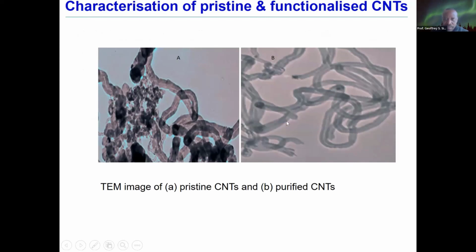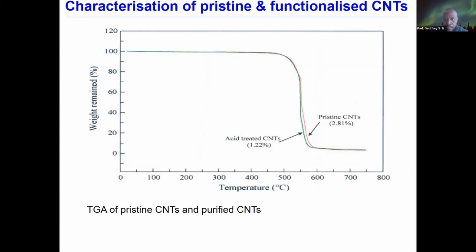You can see that there are some differences between the non-functionalized and the functionalized nanomaterials. What we also saw is that after functionalizing the materials, they became more pure than the freshly produced carbon nanomaterials, and that was determined using the TGA.